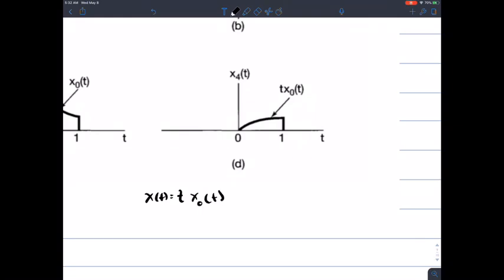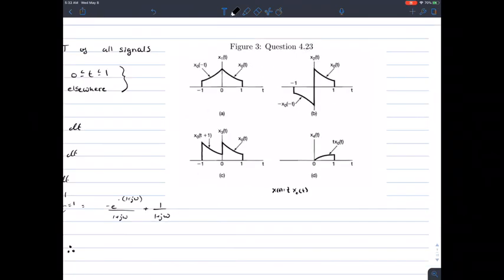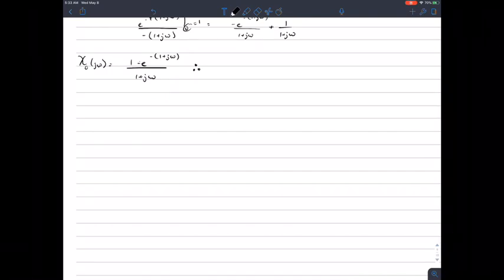So this is going to be differentiation in frequency. Pardon my spelling if it's bad, because I'm an engineer.